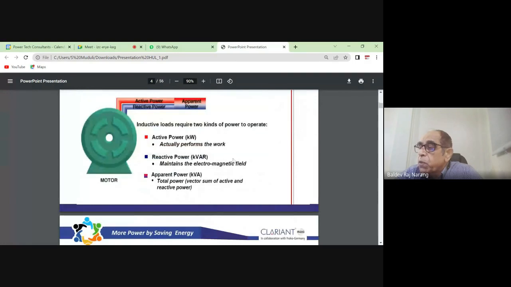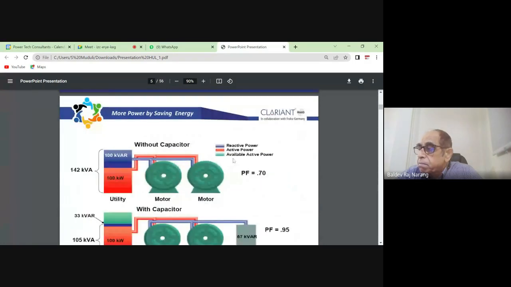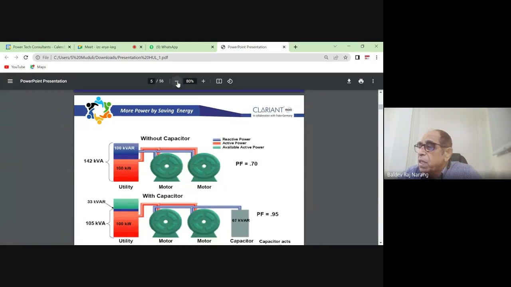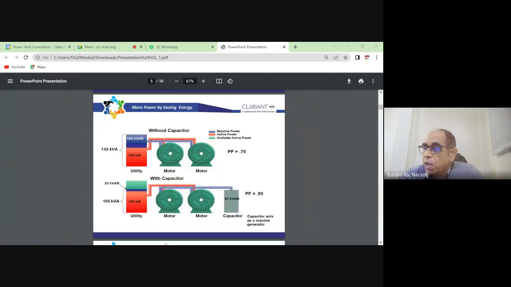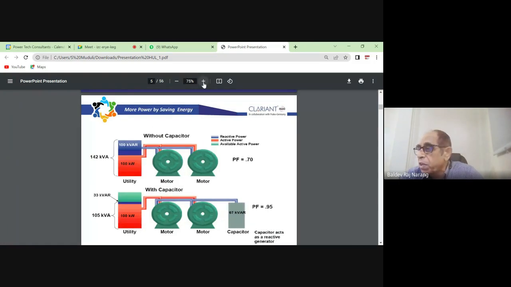Suppose we have a load, say 100 kilowatt, and suppose we have a power factor of 0.7, which is normally not there, but just for the purpose of assumption, we have assumed the power factor is 0.7. Earlier, when motor efficiency was not very good, people may have been getting even 0.7 long back, but now it's not the case.